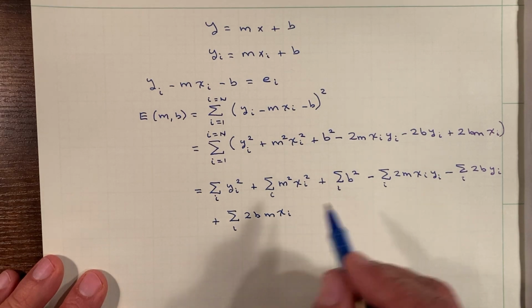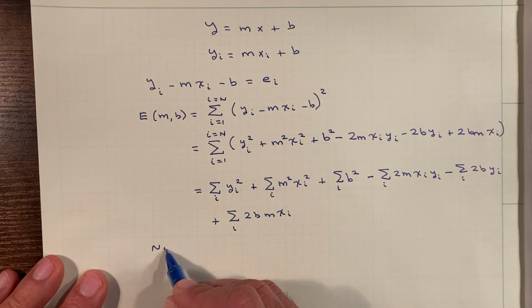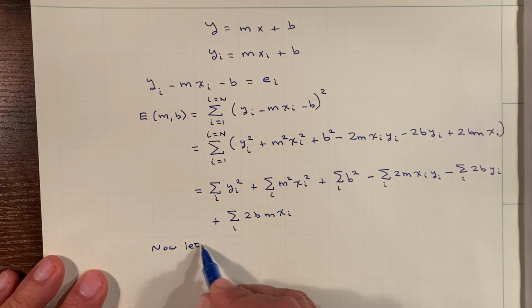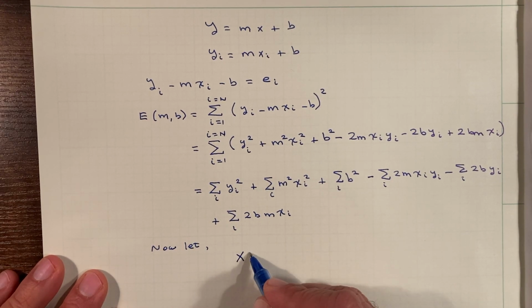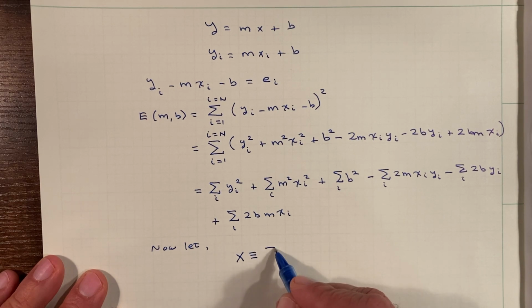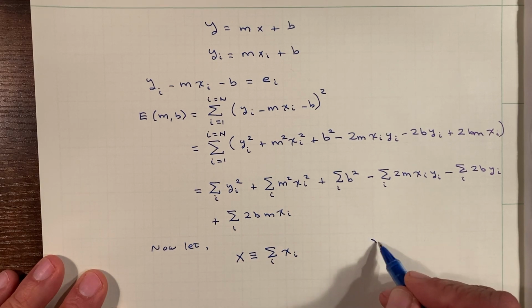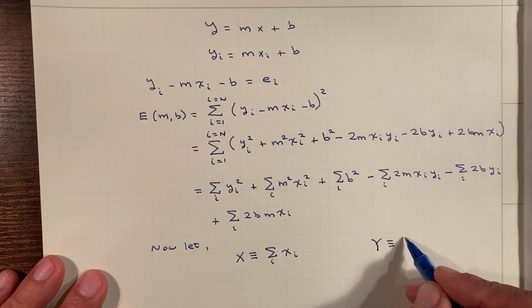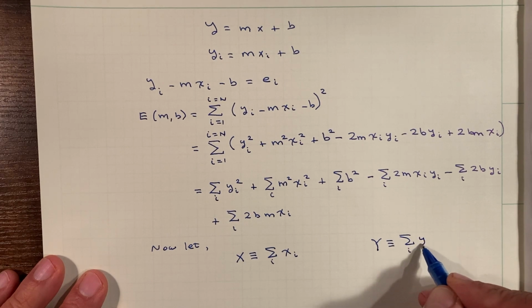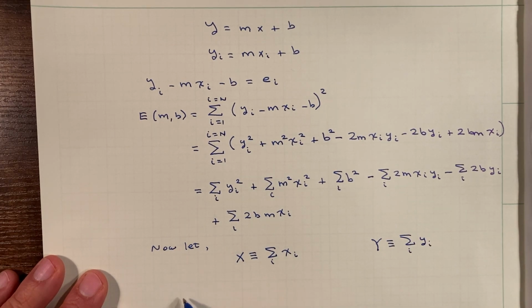So far so good, just a messy expression, but now we let big X be defined as sum over i of little x sub i, and big Y be defined as sum over i of little y sub i. And we introduce three terms that are going to be defined as follows. The reason we're doing this step is to help with the housekeeping, so we don't have to write this enormous expression.